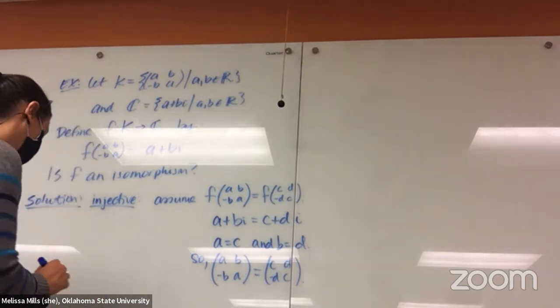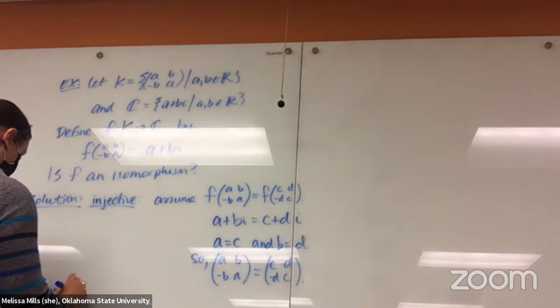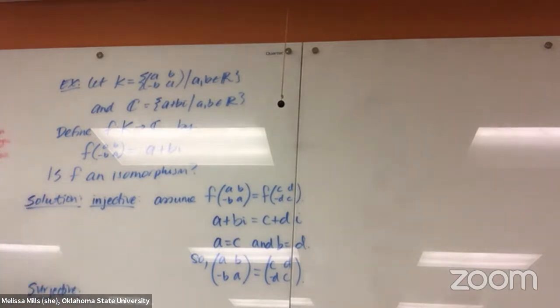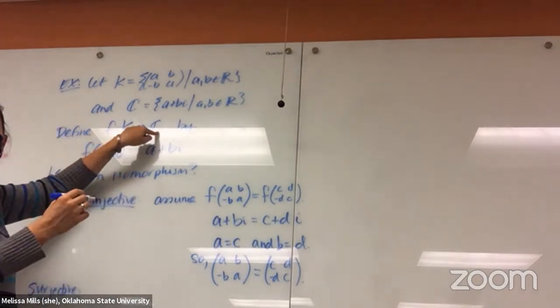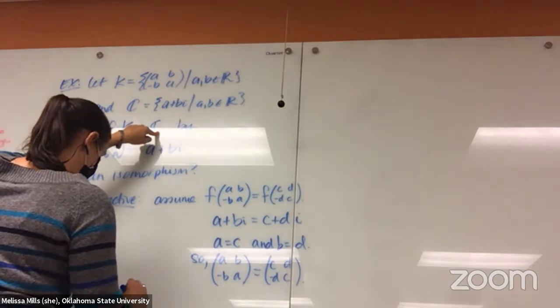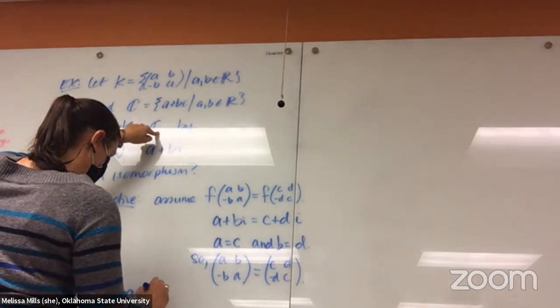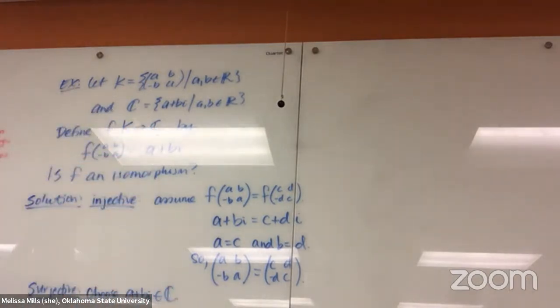What about surjective? We're going to choose something in here, right? So we're going to choose a plus bi in C. And now I have to find something that maps to that. Well, you know what I'm going to do?